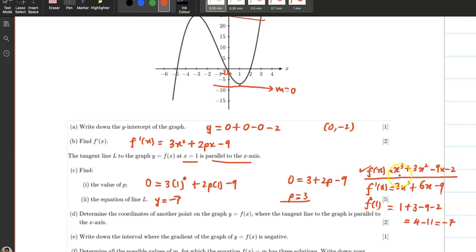What is the equation? x cube plus 3x square minus 9x minus 2. Max.